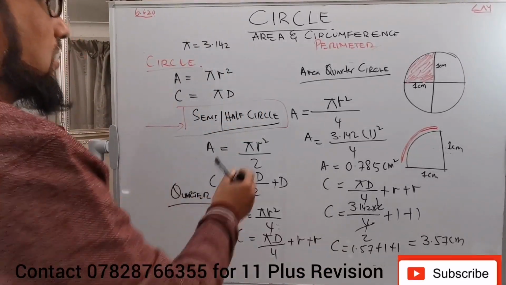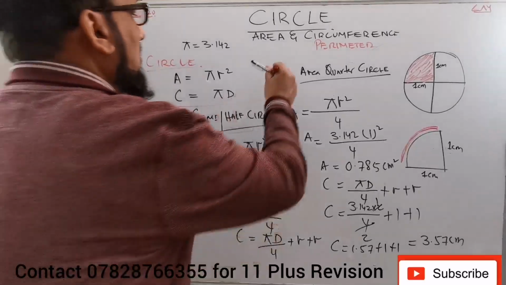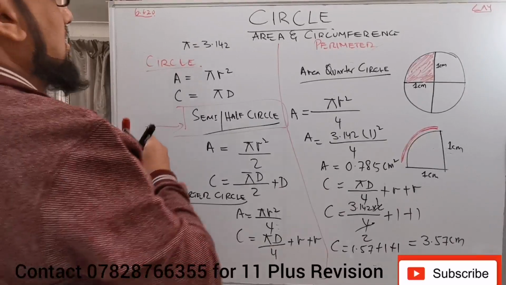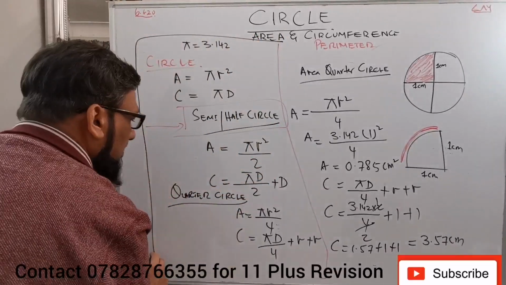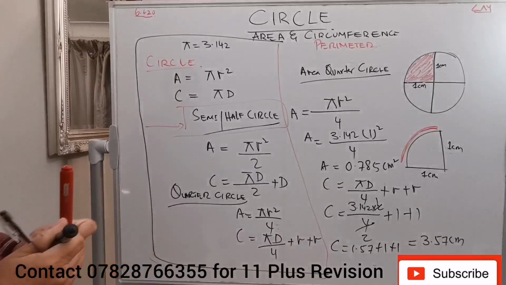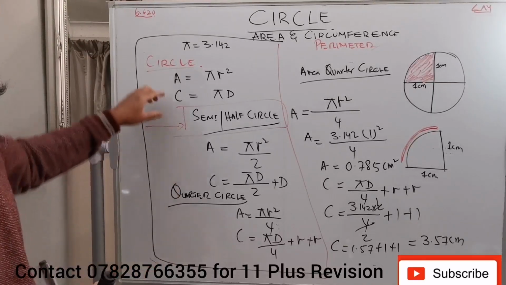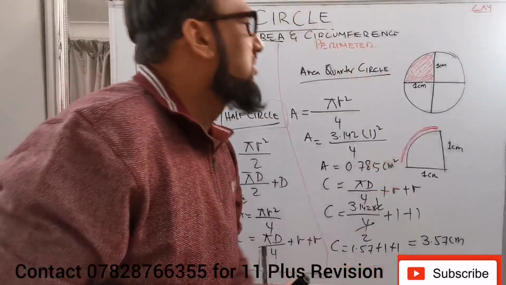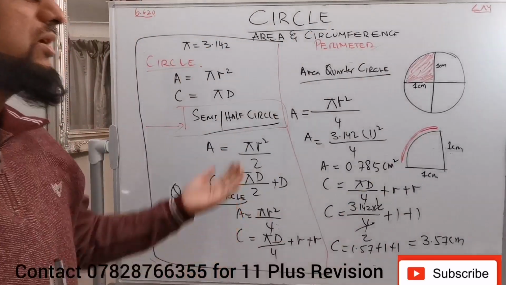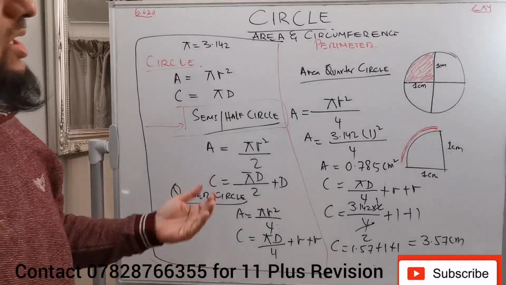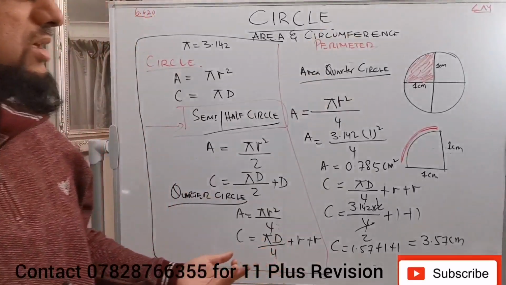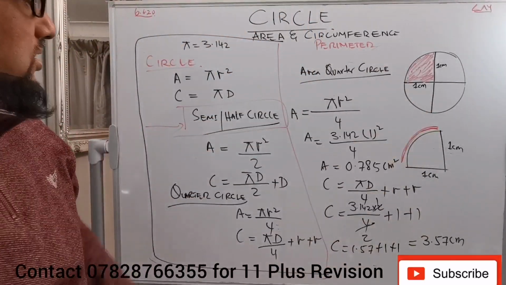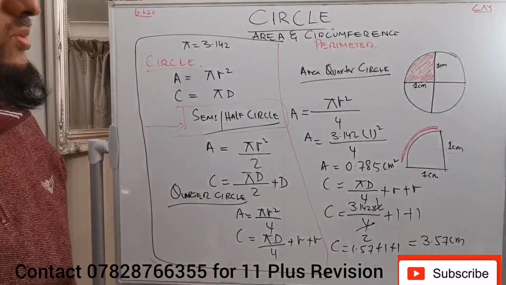So these are the formulas you can work out easily for the full circle, half circle and quarter circle, for both area and perimeter. Perimeter means circumference. So if the examiner asks you to find the perimeter for circles, it means circumference. Or the perimeter for a half circle, you need to use this formula.